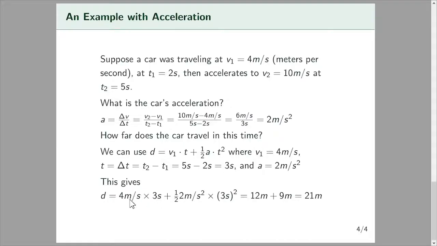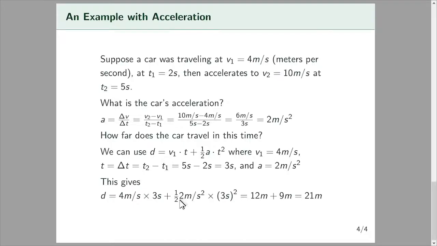And so now I just say v1 is 4 meters per second times 3 seconds plus 1/2 times 2 meters per second squared times 3 seconds all squared, right? And so if we do these piecemeal, 4 times 3 is 12. The seconds cancel like meters, because this second is in the numerator and this second's in the denominator, right?